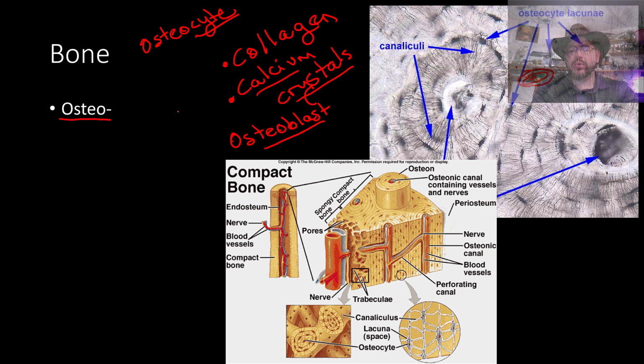So the compact parts of your bone actually make this cool ring structure. So you have rings, and forming each ring, we can see, where am I? Come here, little, there, okay.